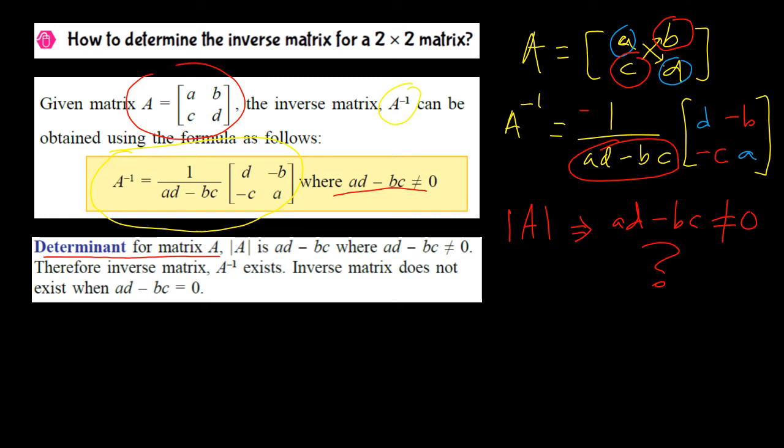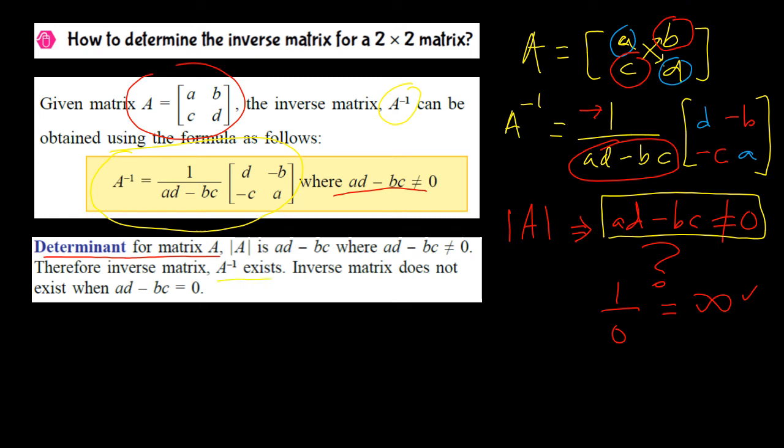Because you look here, it is 1 over the determinant. If this is 1 over 0, what's the answer? No, you cannot get the answer. You use a calculator also, you will not get it. It is undefined. So make sure your determinant AD minus BC is not equal to 0.